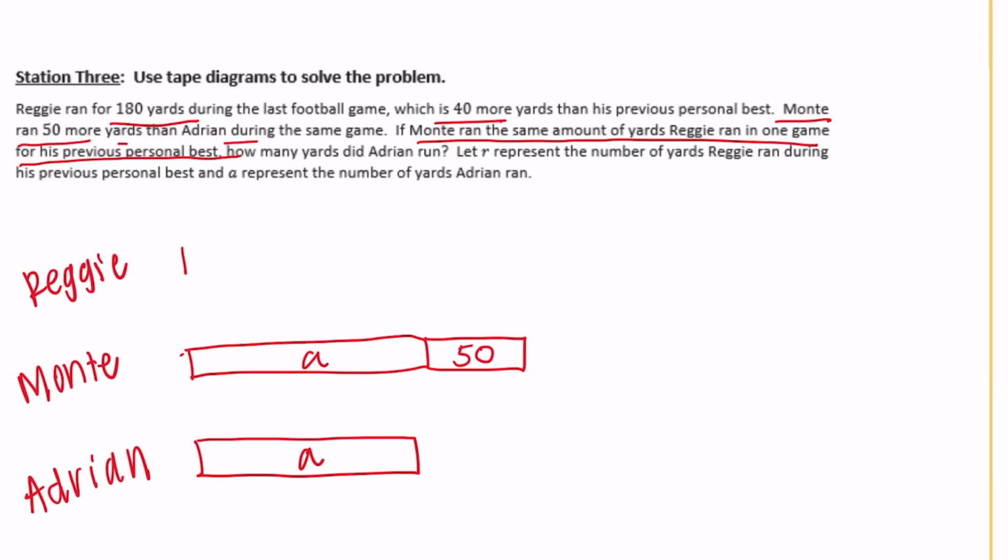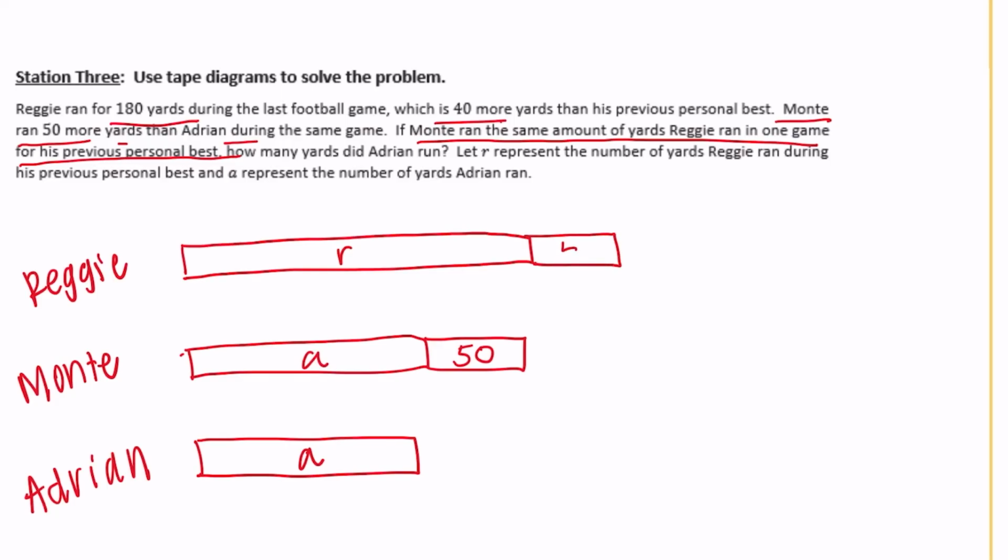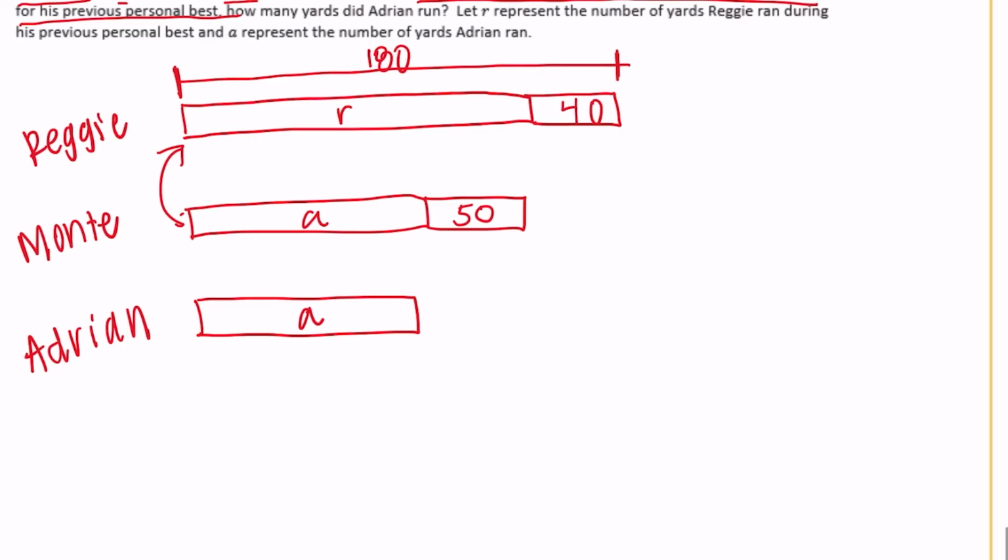So Reggie ran this, so that was what he ran at first, but he had an extra 40 yards, and the whole thing is equal to 180, because we knew that Monte's personal best is the same as Reggie's previous personal best. I know it's worded kind of confusing, but we can figure out how much Reggie ran.